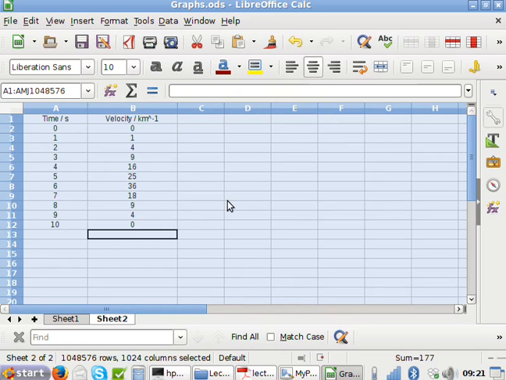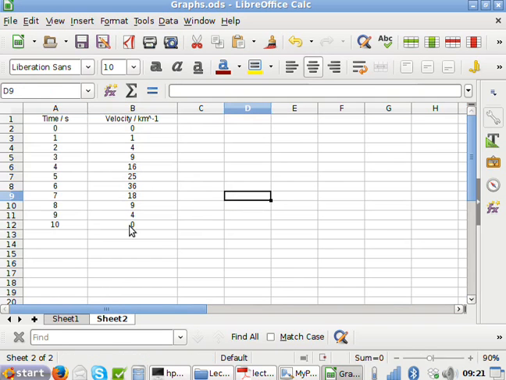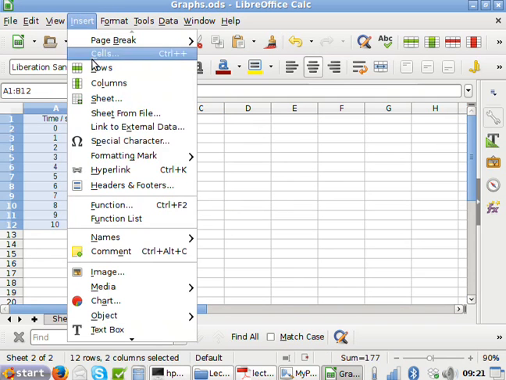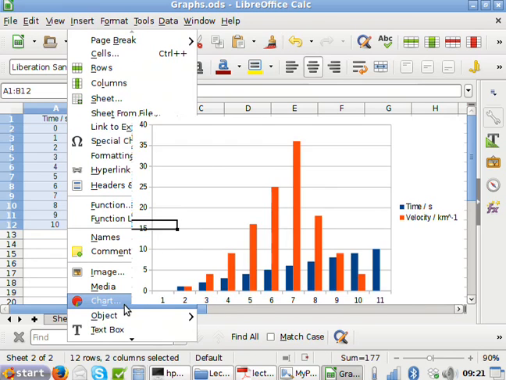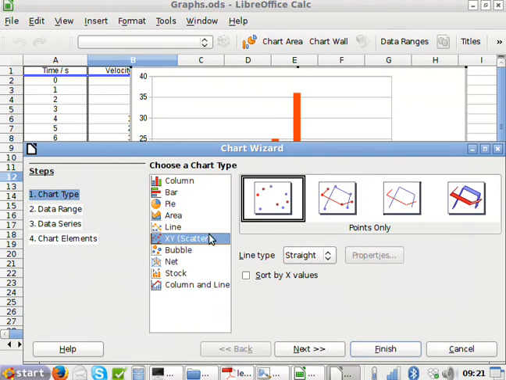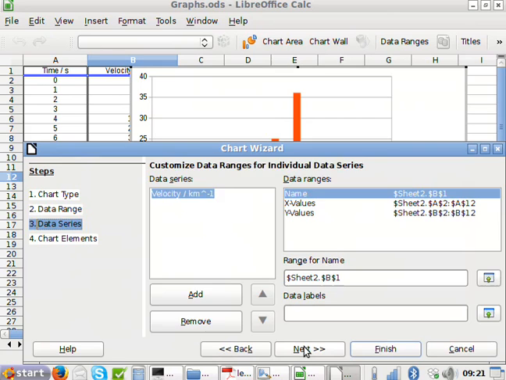No. Oh well. I'll just save the whole text file. Graphs.